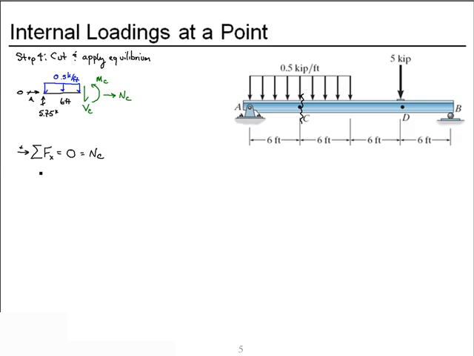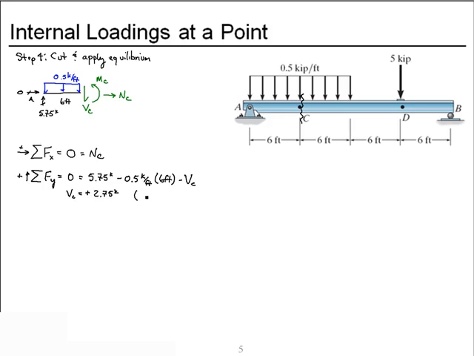Now vertical equilibrium. Choose up as positive. Get the contribution of the reaction at A. The distributed force, but there's only 6 feet of it in our free body, and the unknown shear at C. So the shear at C is a positive 2 3/4 kips.